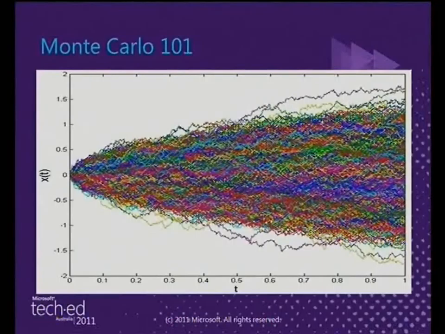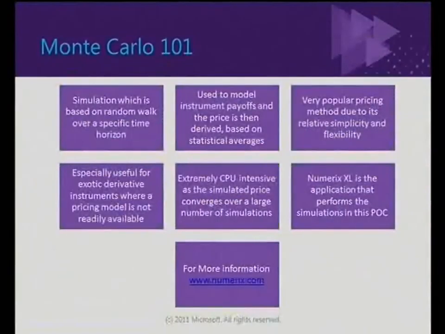And what happens is for each of those points, 30, 60, 90 days, for example, on that yield curve, this is run. So it's run a lot of times. And the more simulations that are run, the better the price converges within that standard deviation. It's extremely CPU intensive, as you can imagine. There are many, many calculations going on just to really get one number. And it's run repeatedly.